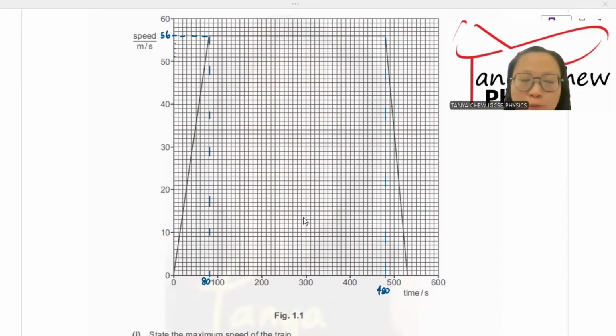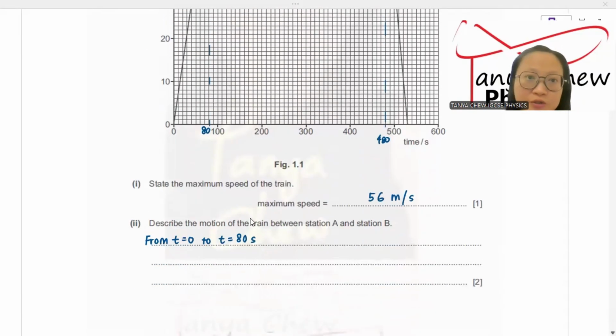I want to bring in my acceleration, because I know that from the gradient of the speed time graph, I could get acceleration. When the graph is given, you can find two pieces of information from the graph. One is the area under the graph. The other one is the gradient of the graph. In this case, the gradient of the graph represents acceleration. And the question asks you to describe the motion. Instead of describing the speed, which I can see from the graph, I would like to talk about the acceleration.